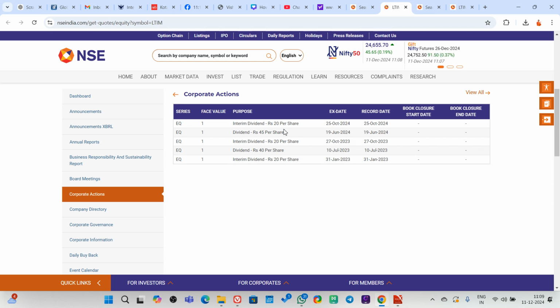You can see there is the interim dividend and the dividend. The dividend here is 45 rupees per share, so if you have 100 shares, 100 into 45 is 4500 rupees. This is the benefit of investing in these financially strong companies from Nifty 50.